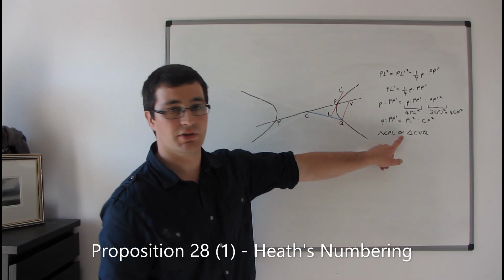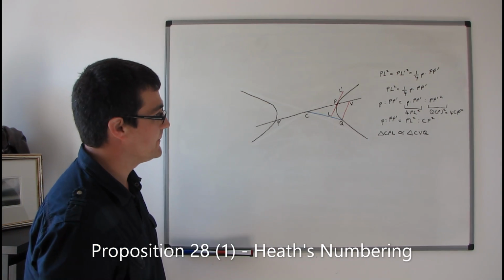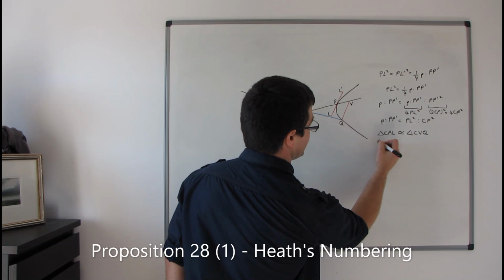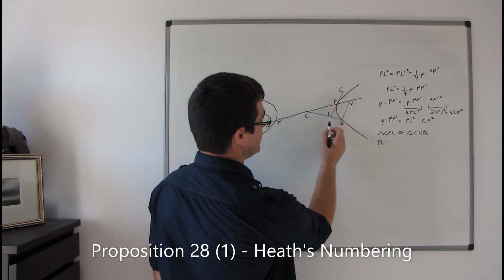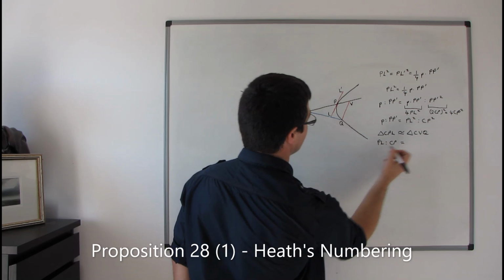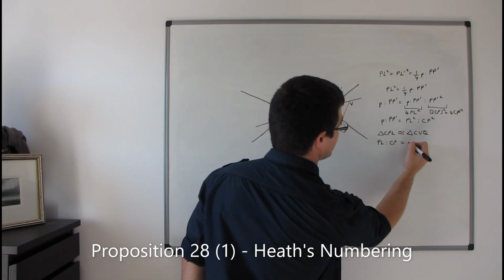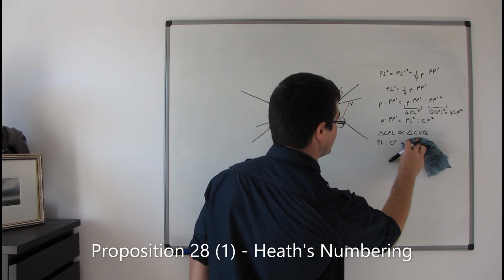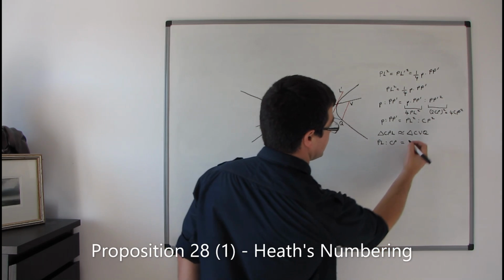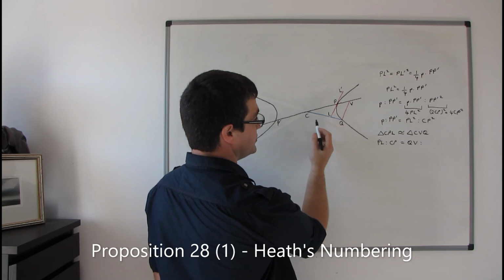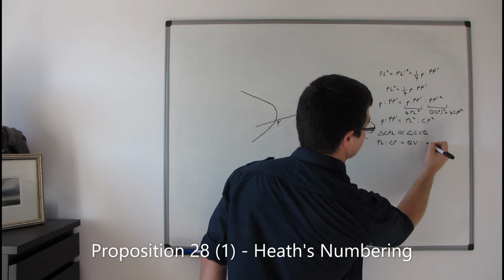I'm using this symbol to indicate that the triangles are similar, and therefore I can say that the ratio of PL to CP is equal to the ratio of QV to CV.